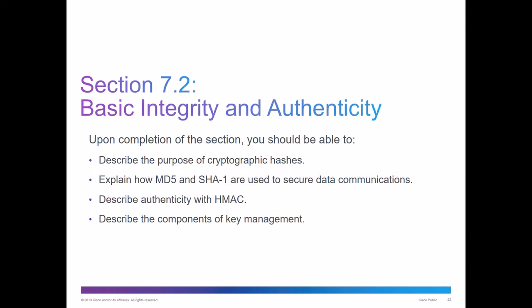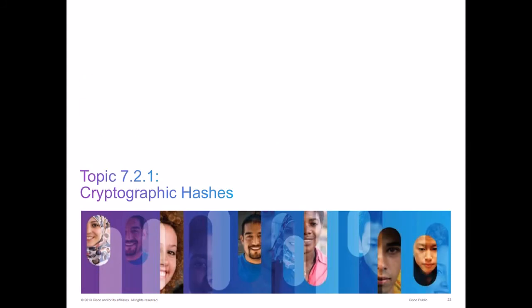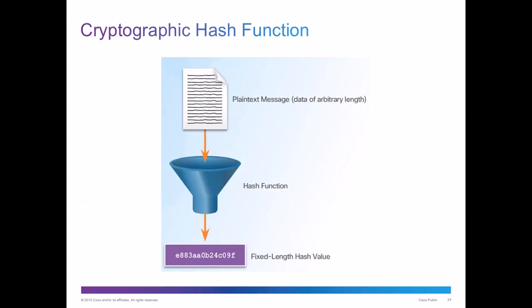Okay, so let's talk about integrity and authenticity and the different types of protocol that are out there. What is a hash program? So let's talk about hashing. That's the MD5 and the secure hashing algorithm, the SHA. The hashing does this. It takes a piece of data, whatever you want to transmit, either a password or a big message, and once it goes through the hashing program, the MD5 or the SHA, it comes up with a fixed length hash value.